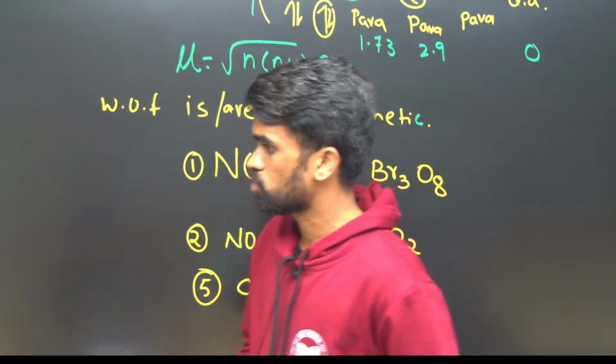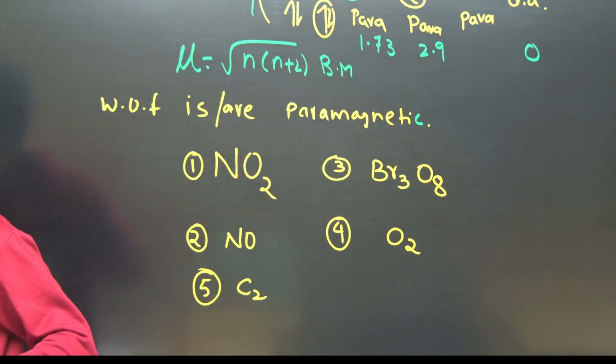First option NO2, second option they will give NO, third option they will give B3O8, fourth option they will be giving O2, and fifth option C2, like this they will give you. So what is your answer for this kind of questions? Tell me.